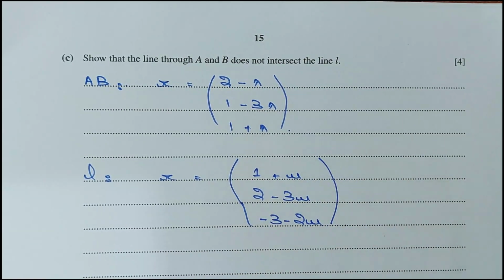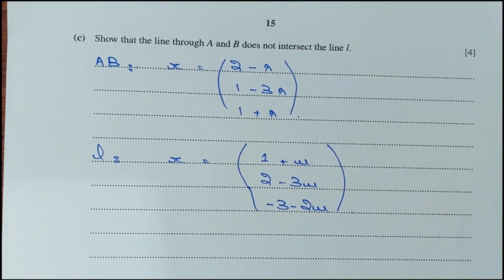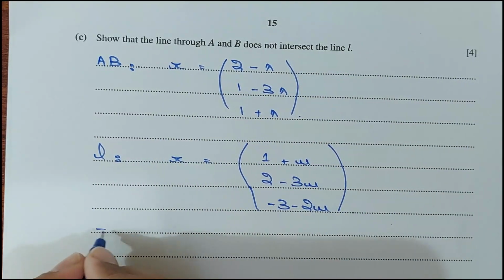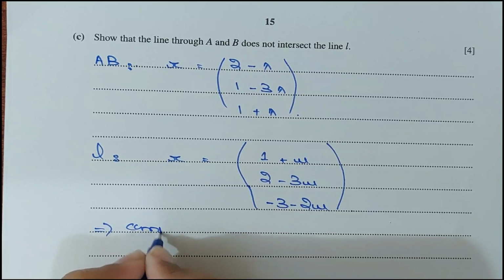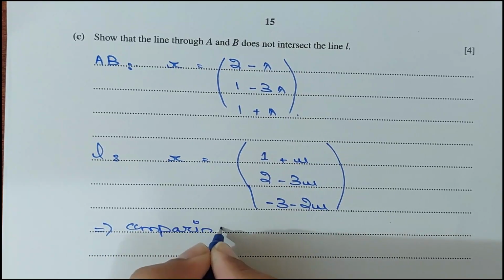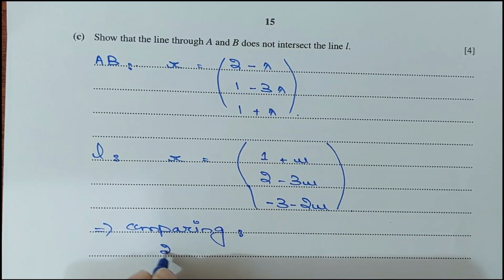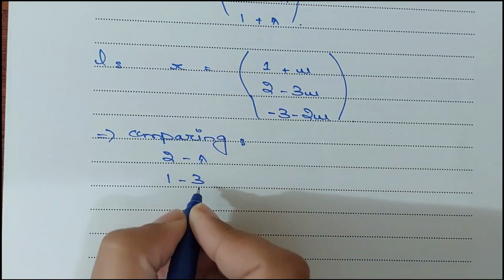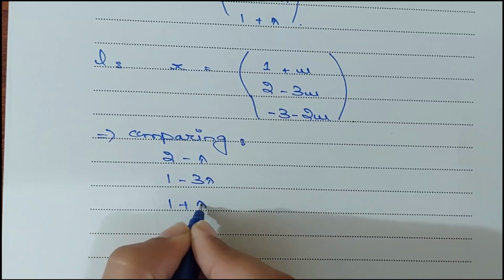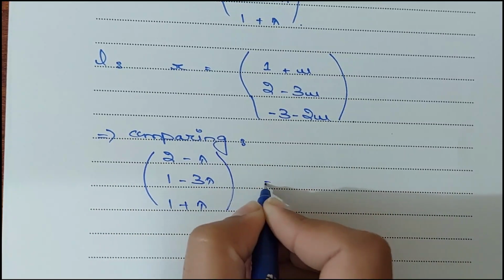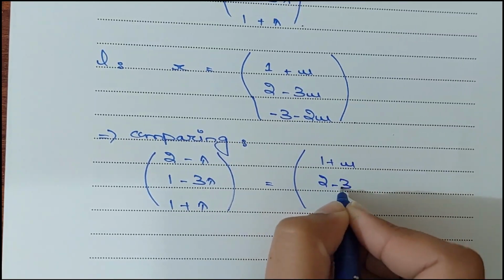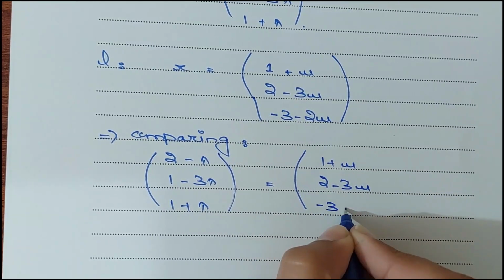If it does not intersect, it means we have to equate the two and compare components. We will get 3 equations. So (2 minus lambda, 1 minus 3 lambda, 1 plus lambda) equals (1 plus mu, 2 minus 3 mu, minus 3 minus 2 mu).